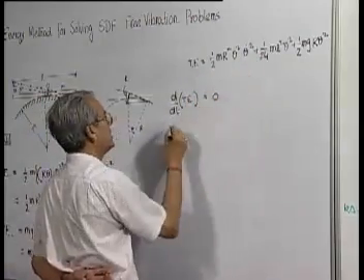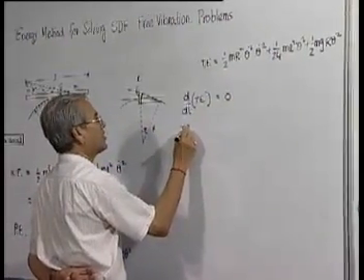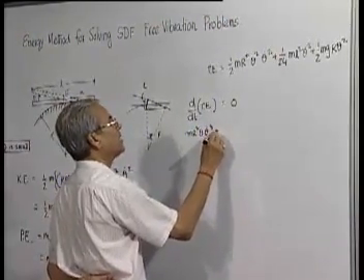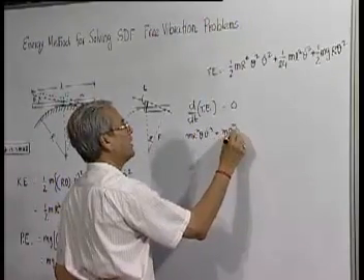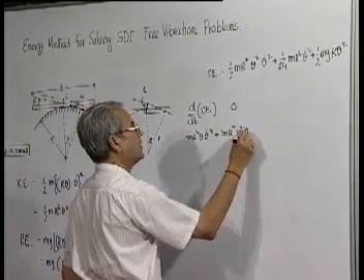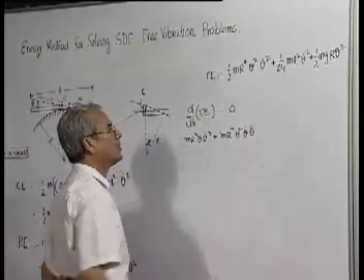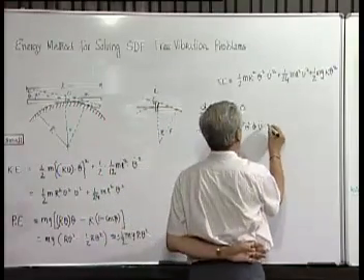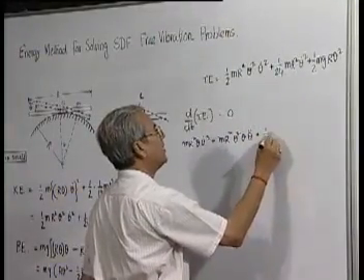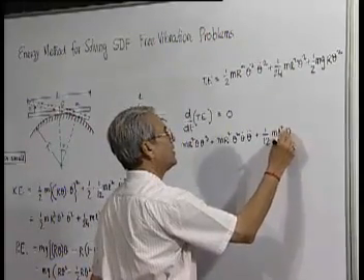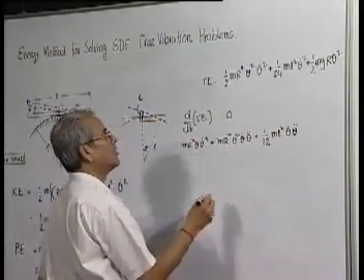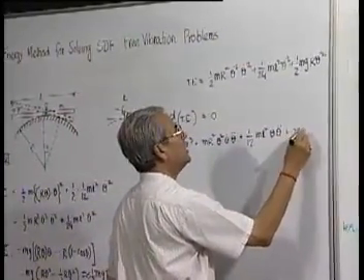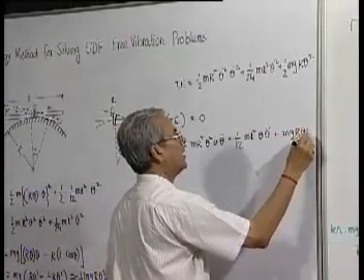Now differentiate this: it will be m r squared theta theta dot cubed plus m r squared theta dot theta double dot, that is the first term, plus 1/12 m L squared theta dot theta double dot, plus m g r theta theta dot.